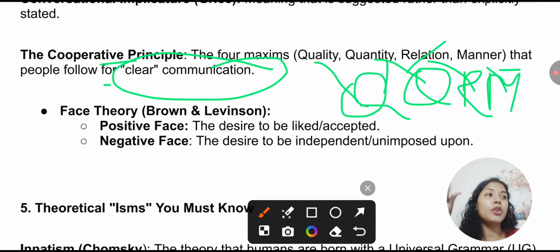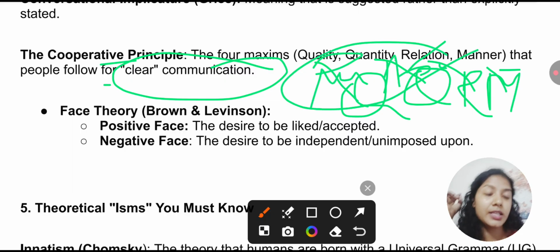Relation: whatever you speak, there must be a relation between the sentences or with the situation. Manner: in which manner you should talk. Polite, angry, apologizing, regretting. So these are the four maxims you must remember. बहुत questions इस पे आते हैं. We will practice in the MCQs.